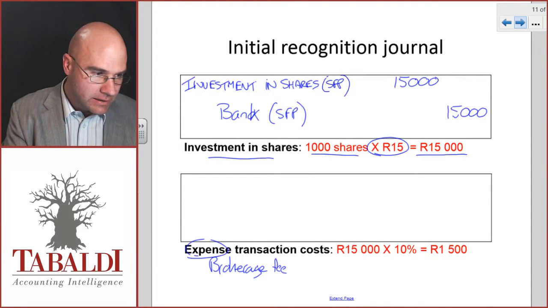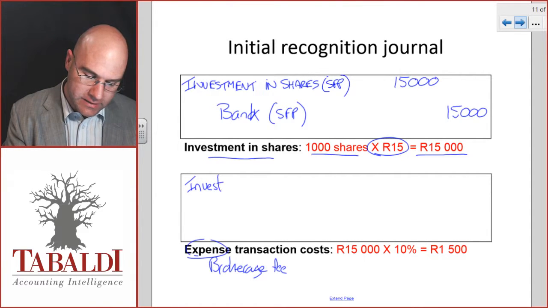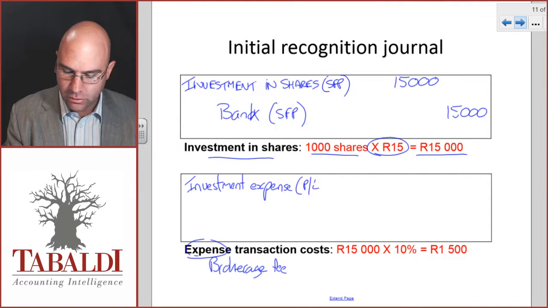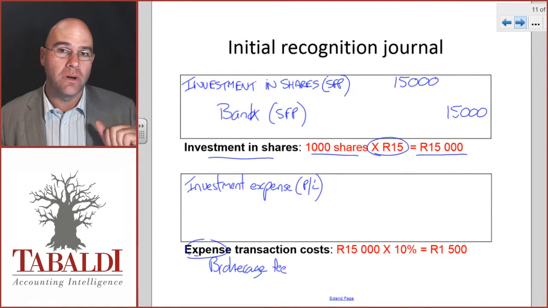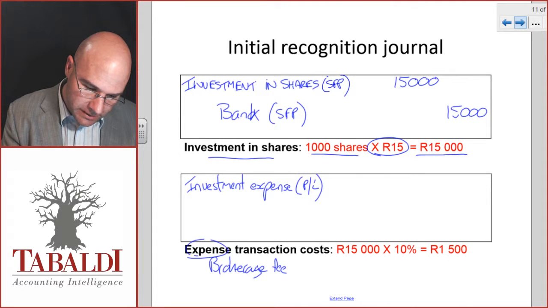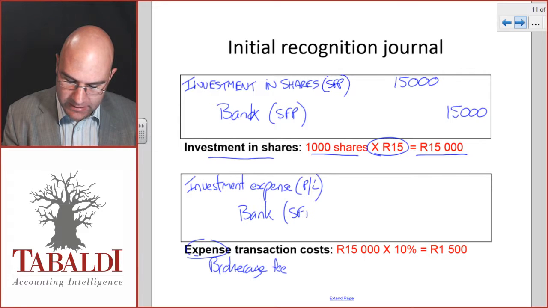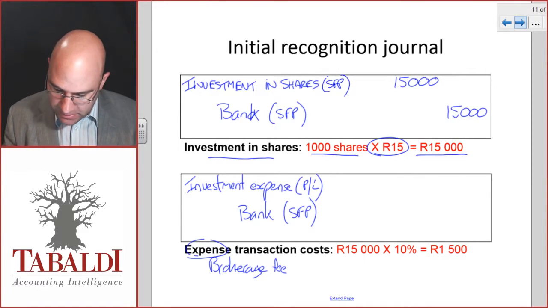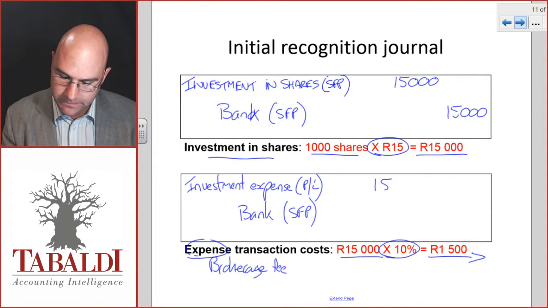So you will debit investment expense, and I'm going to map this to profit or loss. It's an expense, so I debit the expense. The other side is going to be a credit to bank, which is an asset, a statement of financial position account. And that is the 15,000 times 10%, which gives me 1,500.